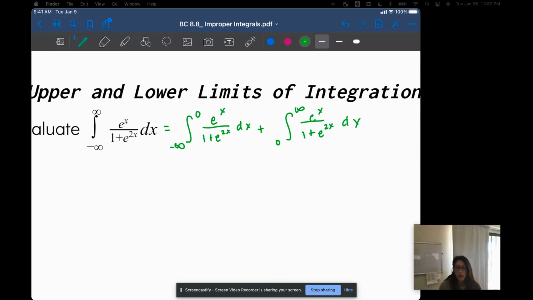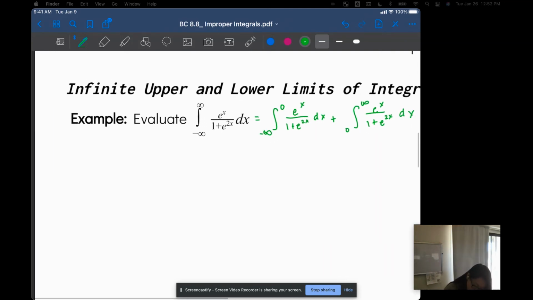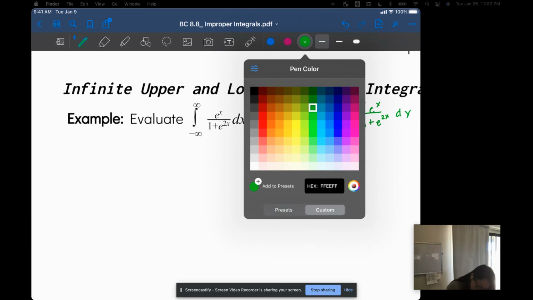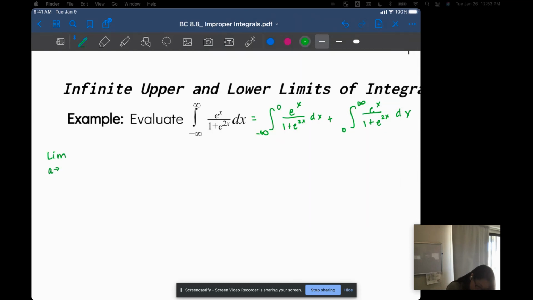And now we can apply the limit to each one of those integrals. So I will go ahead and say that the limit as a approaches negative infinity of the integral of a to 0 of e to the x over 1 plus e to the 2x dx, plus the limit as b approaches positive infinity of 0 to b of e to the x over 1 plus e to the 2x dx.